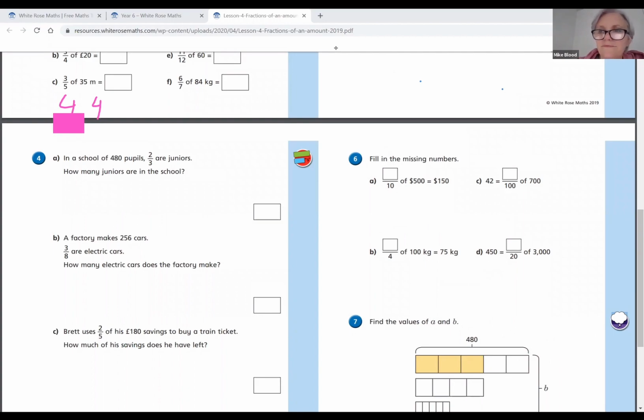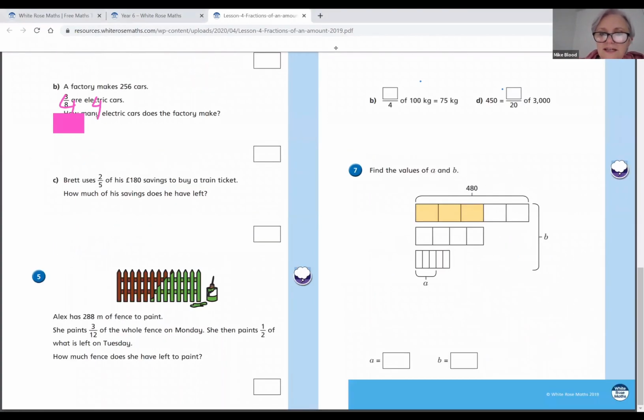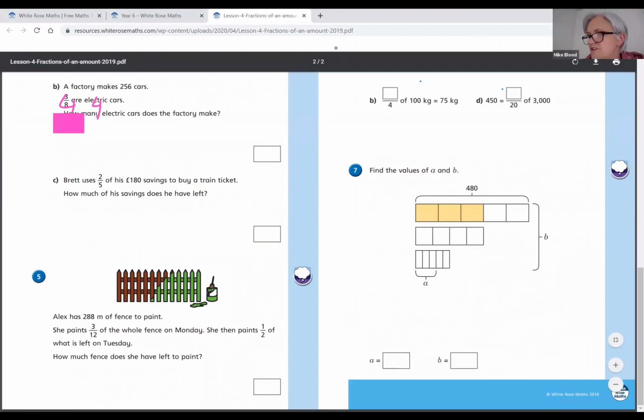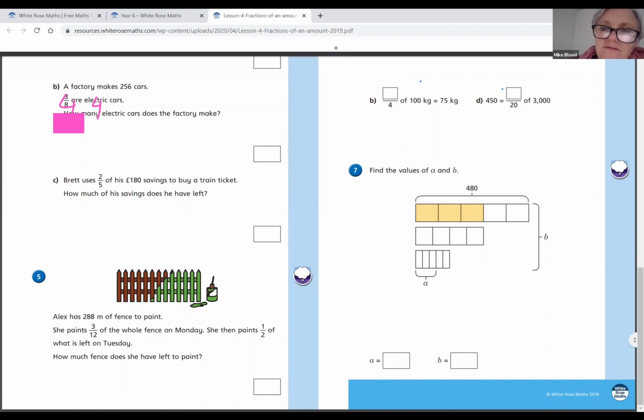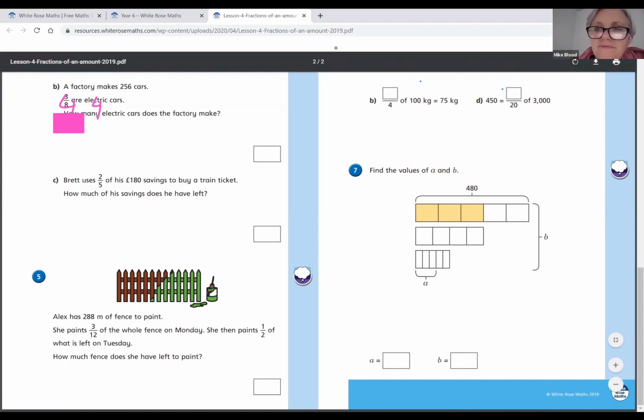Okay, so let's just move this down. It's the last bit, I think, isn't it? Now, this one does look trickier than it actually is. So you've got to find the values of A, which is down here, and B, which is over here. So how are we going to do that? It's going to be tricky. 480 is split into 5, isn't it? 1, 2, 3, 4, 5 is what 480 is.